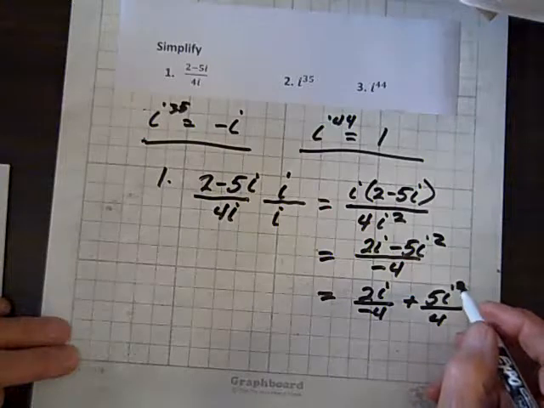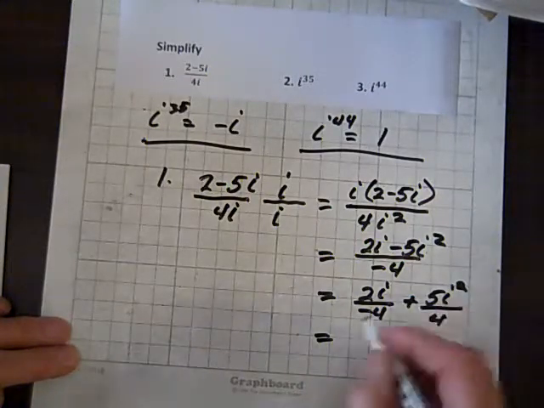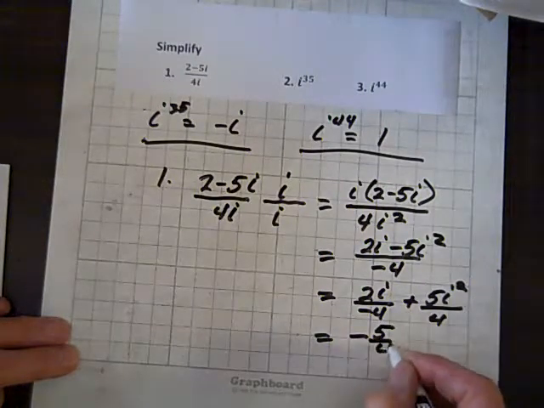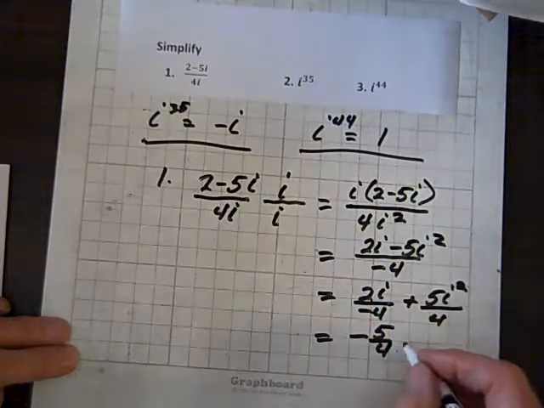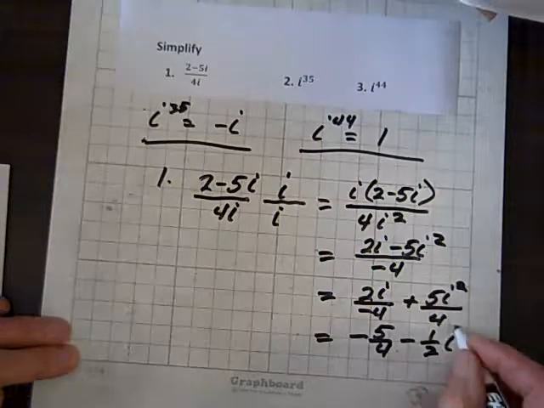The negatives divide out, and i squared is negative 1, so that's going to be negative 5 over 4. And 2 goes into 4 twice, so that's going to be minus 1/2 i.